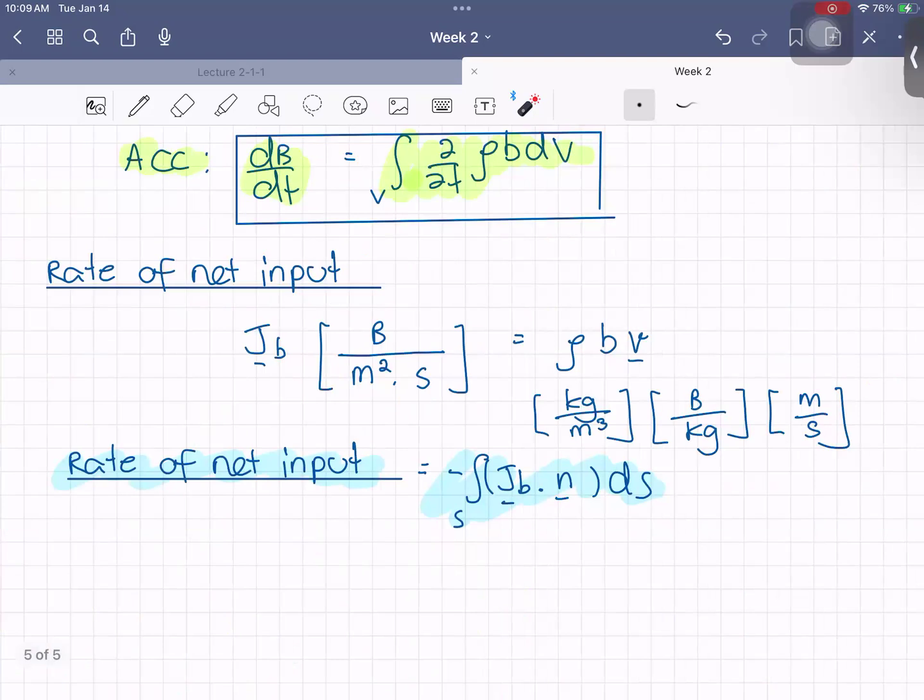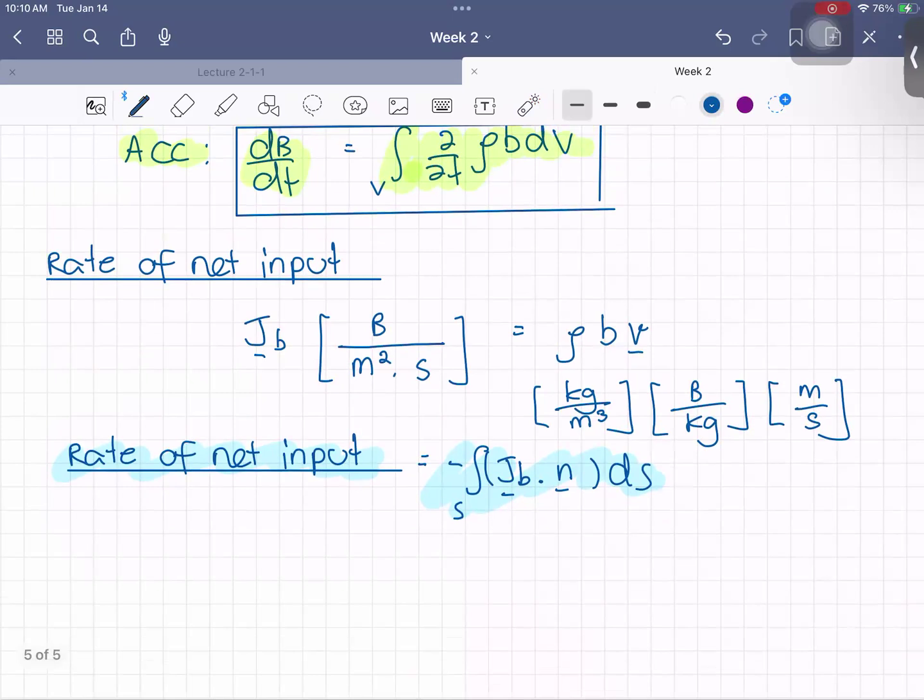In transport phenomena, the one and only textbook that we use is the Bird, Lightfoot, Stewart. You probably have seen this textbook before, and we're going to use it as a reference for our class too. In Appendix A, if I get it right, there's a theorem called the divergence theorem.